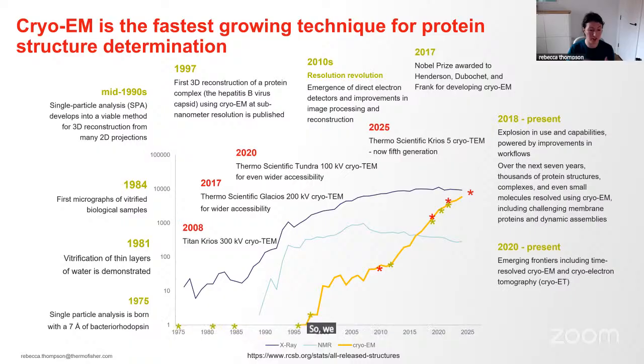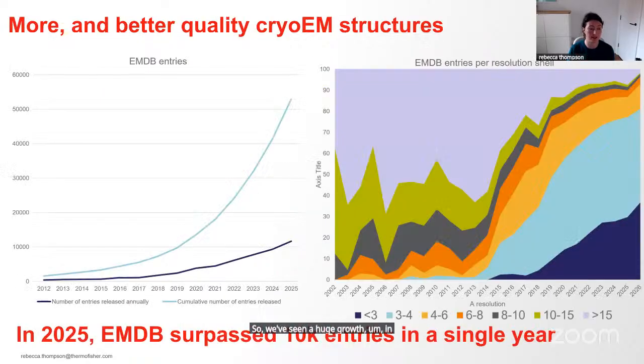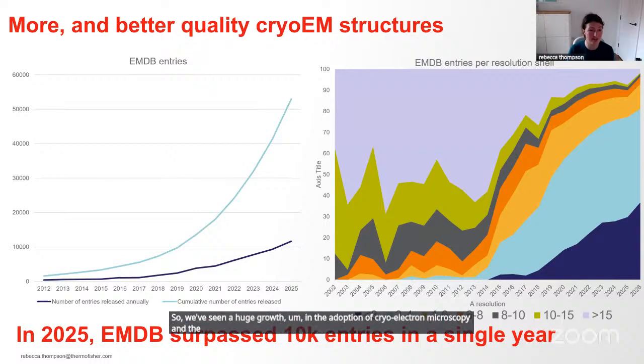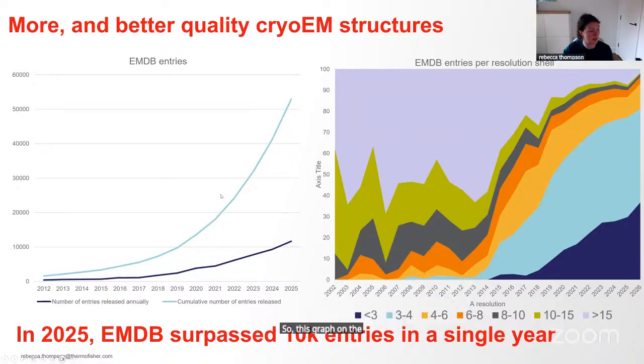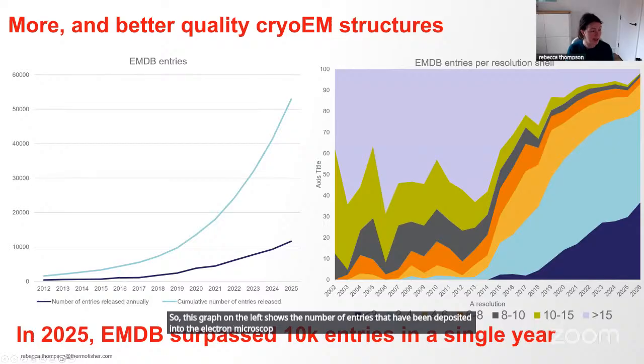So we've seen a huge growth in the adoption of cryo-electron microscopy and in the types and diversity of structures that are being solved. This graph on the left shows the number of entries that have been deposited into the electron microscopy data bank, and again that line is on a very steep trajectory. Of course there are more people adopting this technique, but I think what's most exciting is the quality of the data that we can now routinely get out of these microscopes.